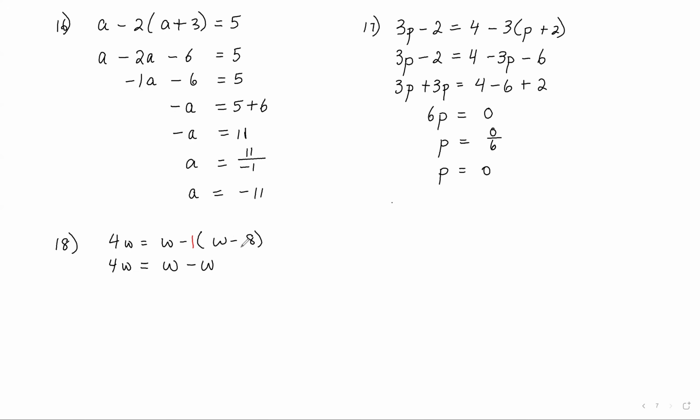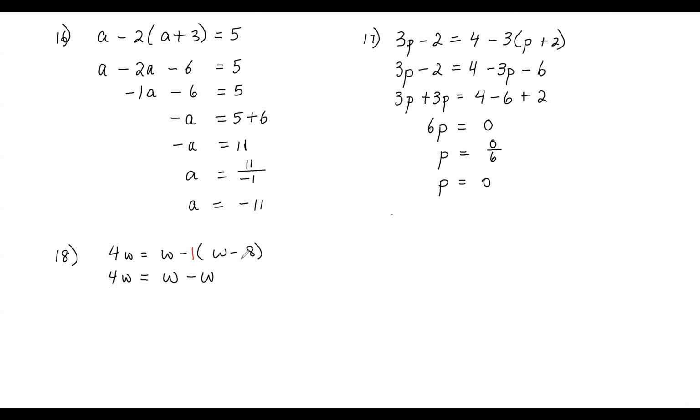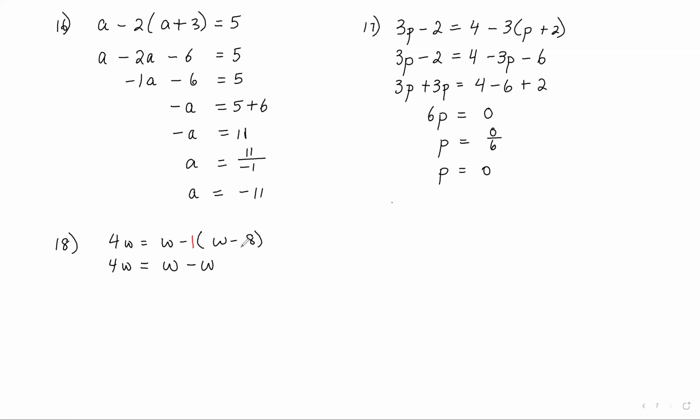What do you get when you multiply two negatives by each other? A positive. Yes. So -1 times -8 will be +8. So you'll have W minus W plus 8. So W minus W will be 0, right? So you'll just end up here with 4W is equal to 8.